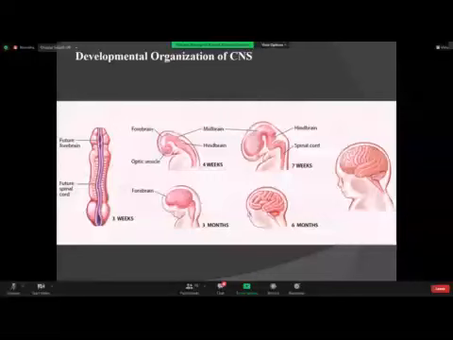Even though we are going to discuss the adult human brain and spinal cord, and how they are composed and actively performing their function, in order to understand the anatomy behind the brain and the spinal cord, it is necessary to go into the developmental stages.